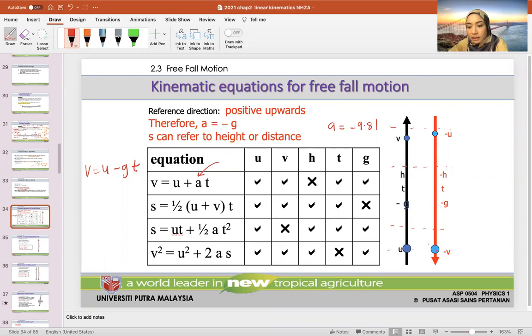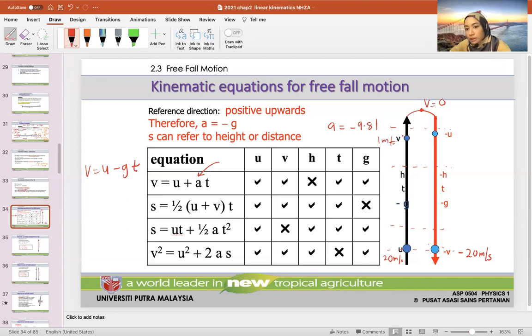So let's say I started with 20 meter per second. When my ball lands, before it touches my hand, the velocity will be minus 20 meter per second. And then kat sini, memang V equals to 0 lah untuk dua-dua. And let's say at this point it is 1 meter per second sebab dia kena berkurang sampai jadi kosong.